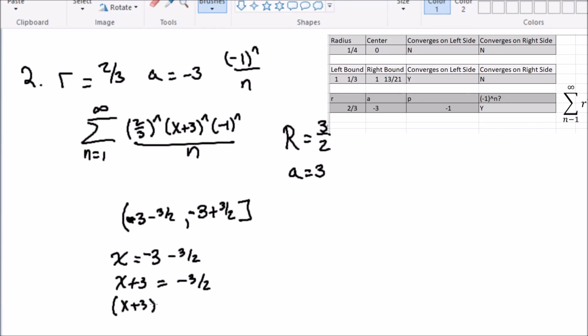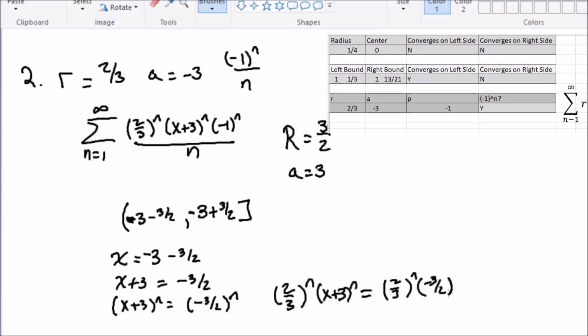So (x + 3)^n is (-3/2)^n. So (2/3)^n (x + 3)^n is equal to (2/3)^n times (-3/2)^n, which is (-1)^n.